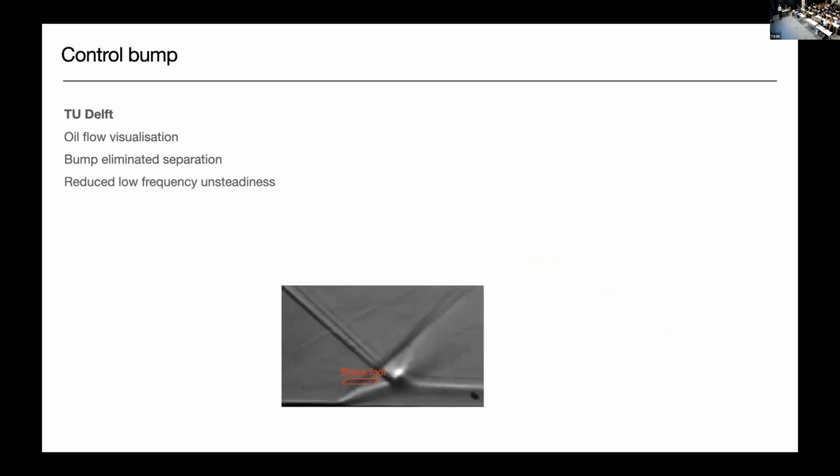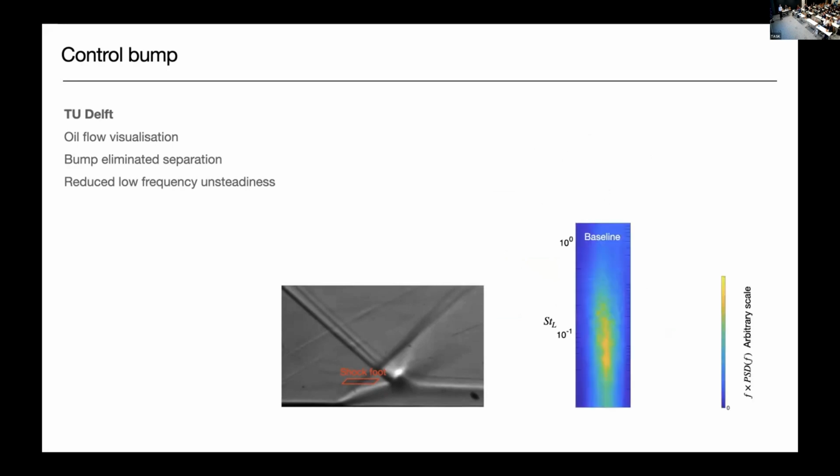Okay. I won't go into too much detail on this, but we also have been looking at the unsteadiness of this interaction. In particular, we're interested in the low frequency breathing mode of the separation bubble. We took some high speed shadowgraph of the interaction and extracted the region around the shock foot.